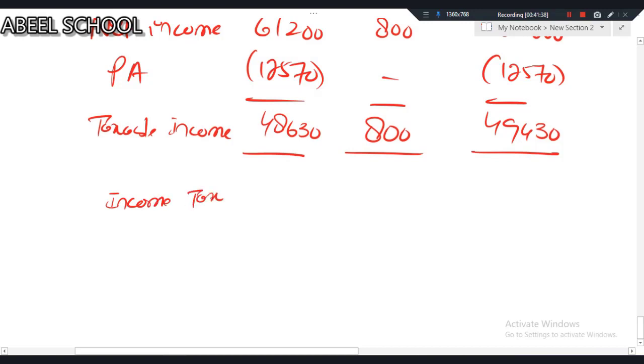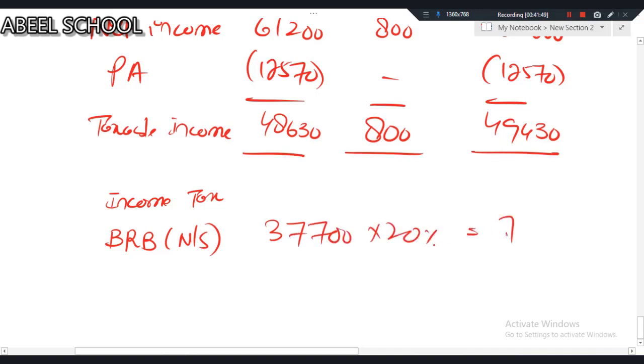Obviously, first we need to tax non-savings income. Basic rate band, non-savings: 37,700 into 20% gives me 7,540.